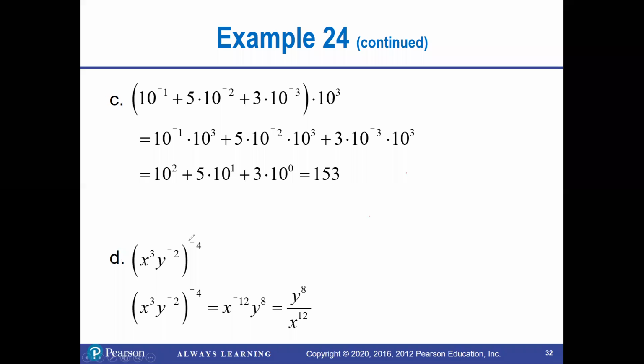What you're doing here is not too bad. Multiply this times this, which would give you x to the -12, x to the +8, because 2 negatives give you 8. Negative exponents go down to the bottom. Positive exponents stay on the top. And you get this final answer.